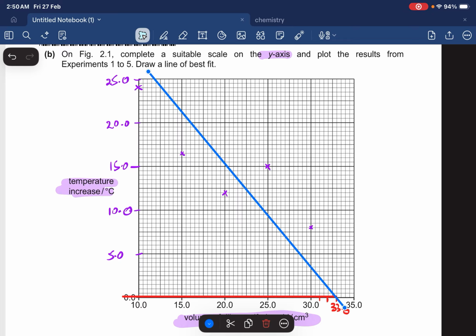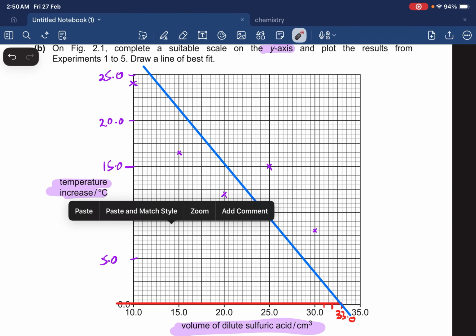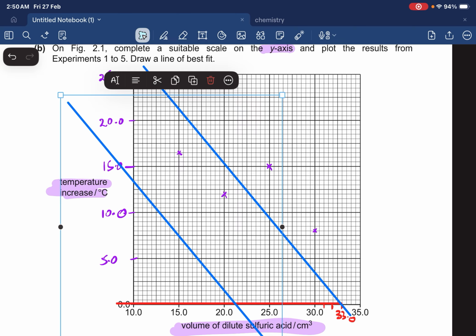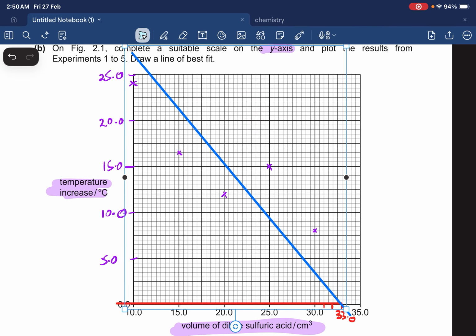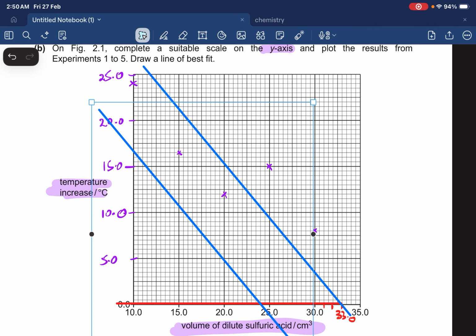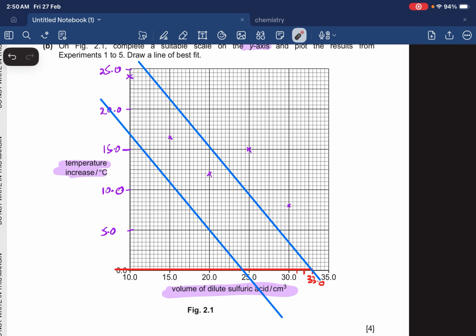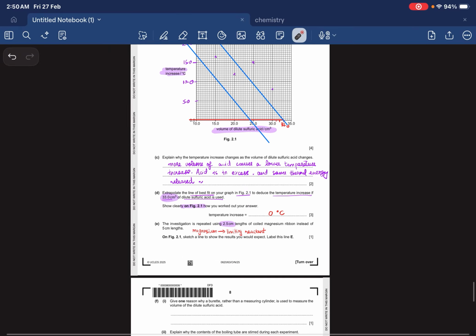I just copy it, and then I paste it. That was my previous line of best fit. Now I guess I should make it somewhere like this. And it should look something like this, and I just draw a line below it, yeah?